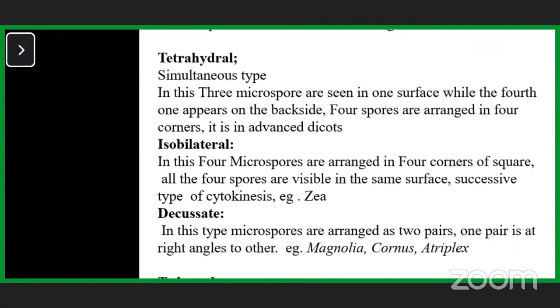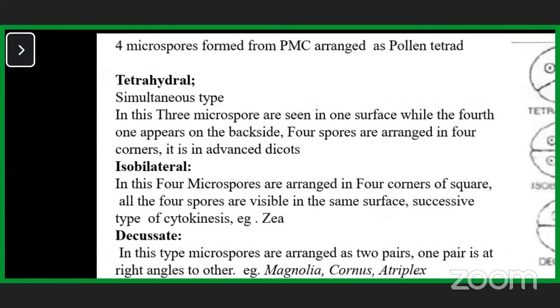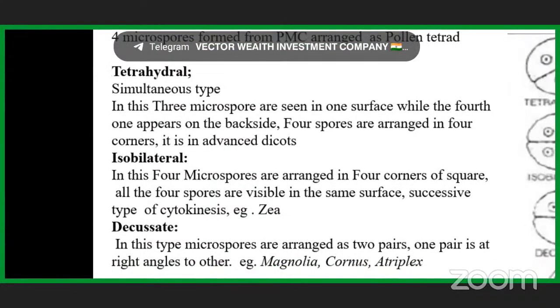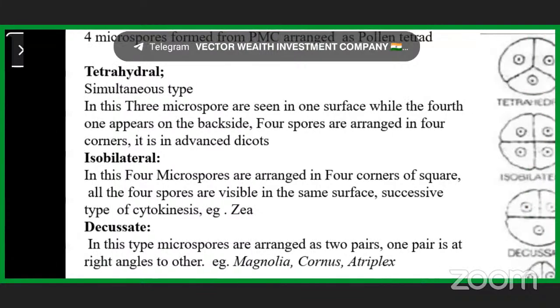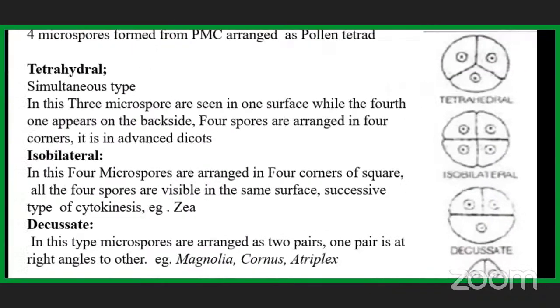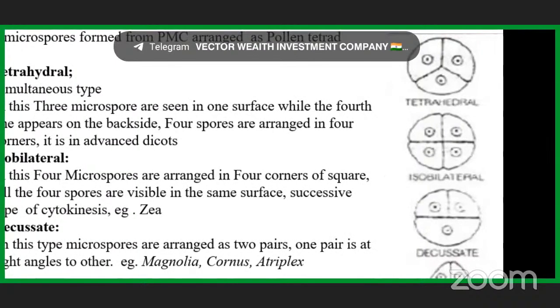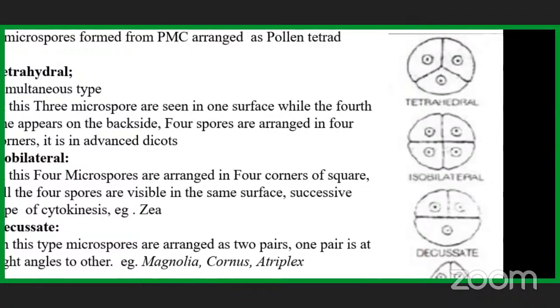You see the pollen tetrads, 4 microspores from the pollen mother cell arranged in various structures. You can see tetrahedral, 4 spores in 4 sides, 4 spore, 4th pollen, the back side.